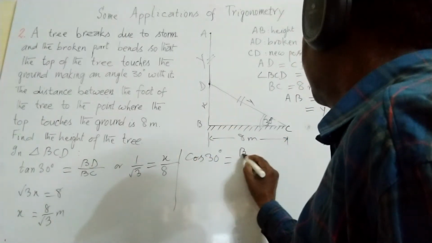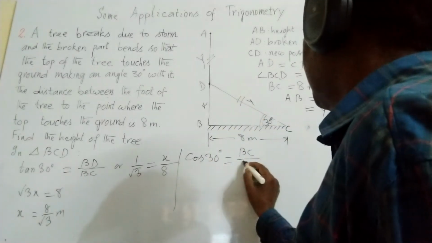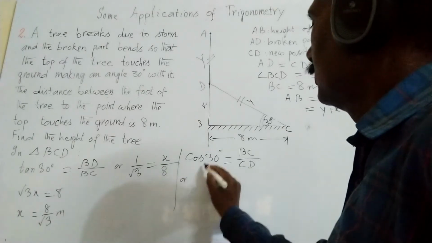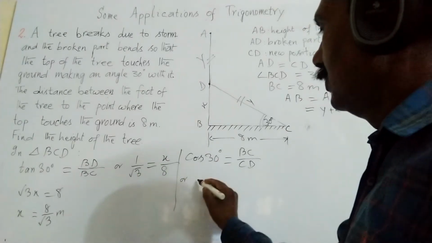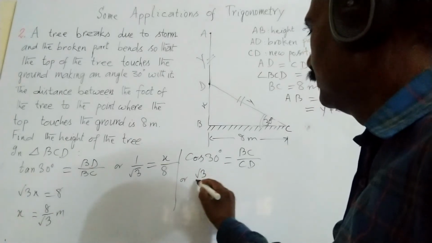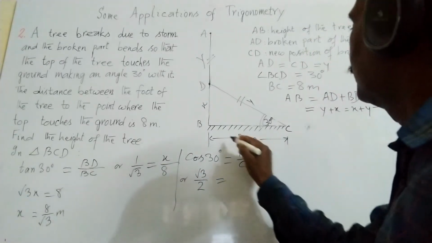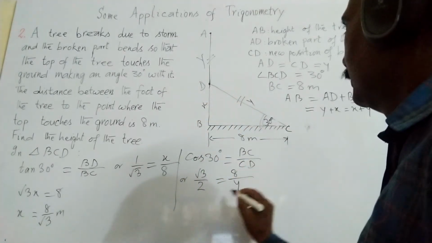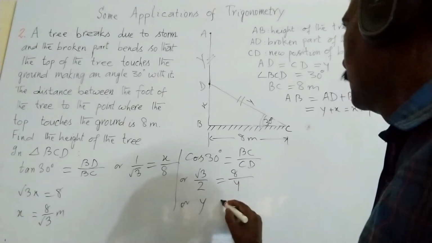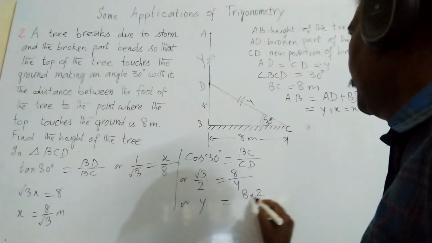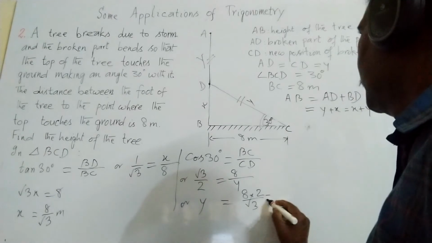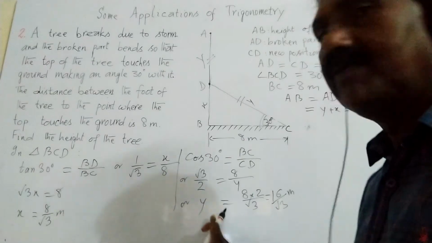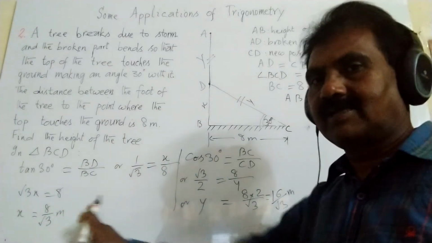Base is BC, hypotenuse is CD. Then cos 30 equal to root 3 by 2, and BC equal to 8 and CD equal to y. Then y equal to 8 into 2 by root 3, that is 16 by root 3 meters.